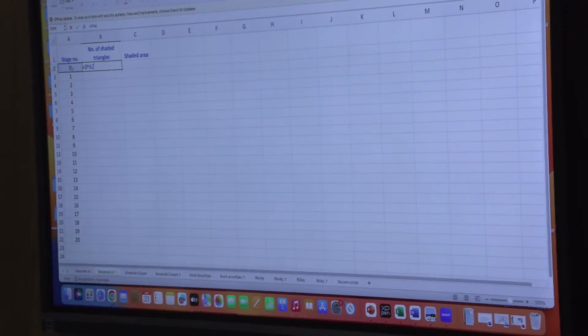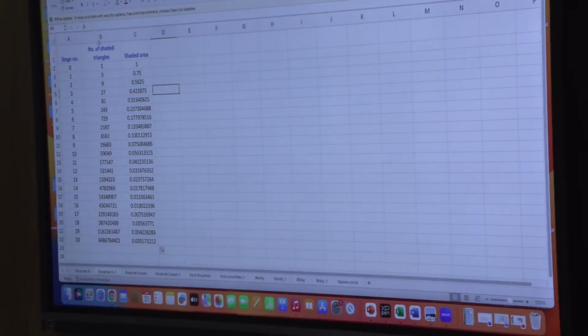Similarly, the shaded area will also lead to a geometric sequence, which is powers of 3 upon 4. And you again click on it. So automatically when you drag, it will take the stage numbers from column A. Now you can select both cells where the formula has been entered and just double click, because you have a column to the left.